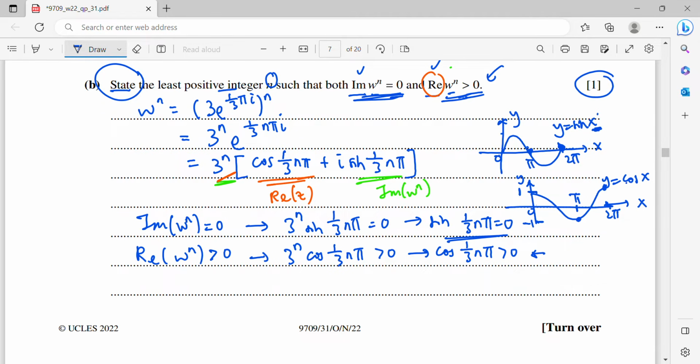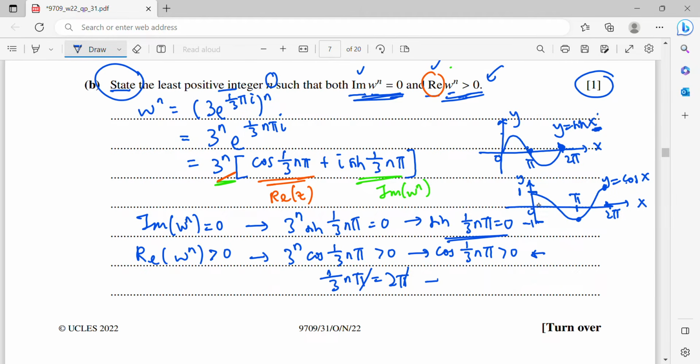Therefore, my minimum angle that satisfies sine of the angle being 0 and cos of the angle being more than 0 is going to be 2 pi. This is my minimum angle. So now cancel pi from both sides.